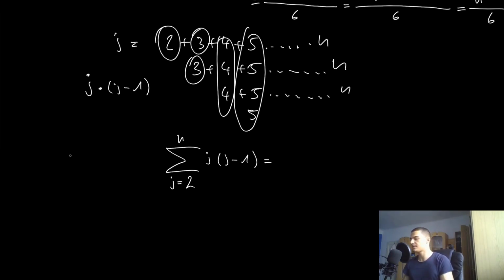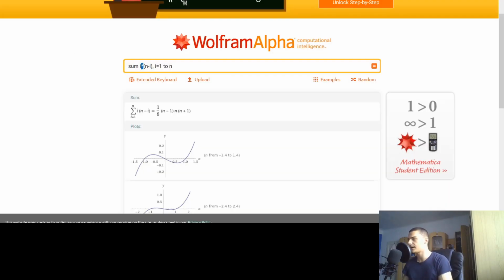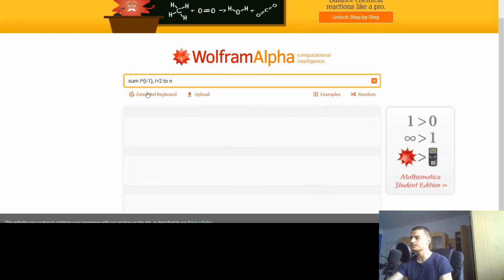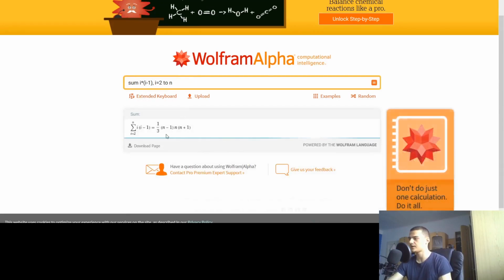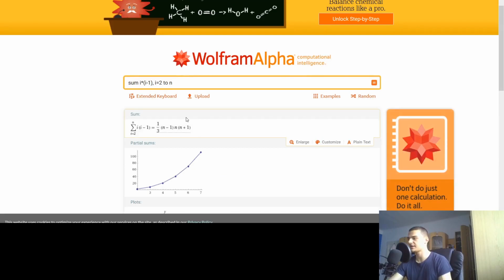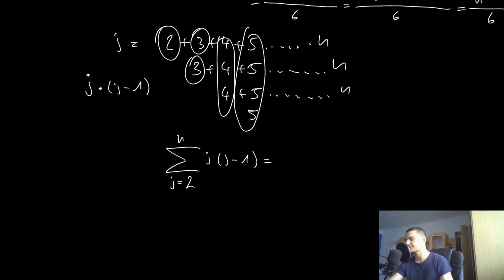And this again is something that we put into Wolfram Alpha, and we can do it with i as well, doesn't matter. We just have to remember for our own formula that it's j. So i times i minus 1, i equals 2 to n. And the result of this is the same, just divided by 3, not by 6.